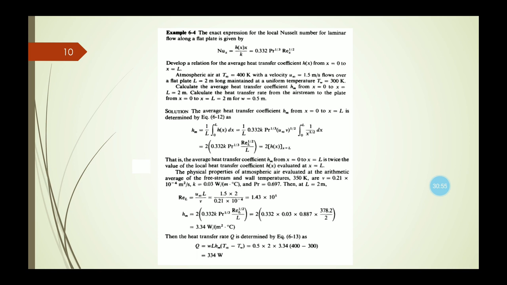So all the values of the different parameters used in the equation of the heat transfer rate are given here. After putting all these values, we have calculated the heat transfer rate from the airstream to the plate as 334 watt. So this is the final result of the heat transfer rate from the airstream to the plate.